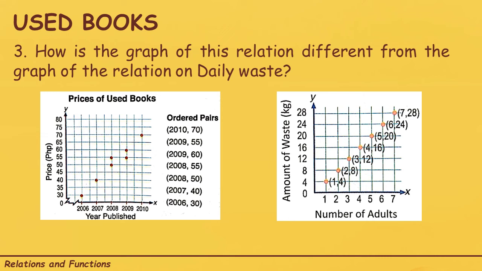Dito din sa 2009, dalawang points din ang naka-align sa 2009. Pero dito naman sa ating pangalawang graph, wala kahit isa na merong dalawang points ang naka-align sa value ng x. So, meaning to say, ang first graph natin is one to many and our second graph is one to one.